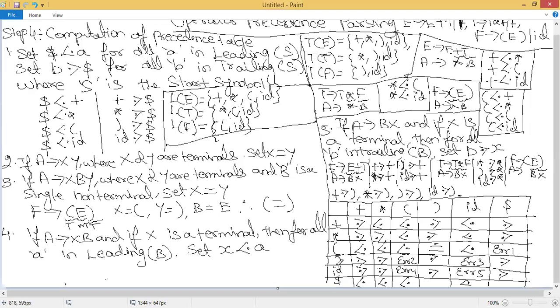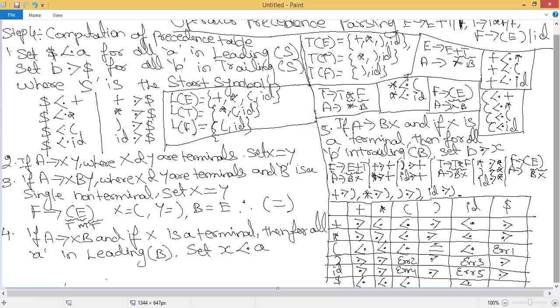For dollar, we identified dollar less than plus, dollar less than star, dollar less than open parenthesis, dollar less than ID. Like that, all the relationships we have identified should be mentioned in the entire precedence table.